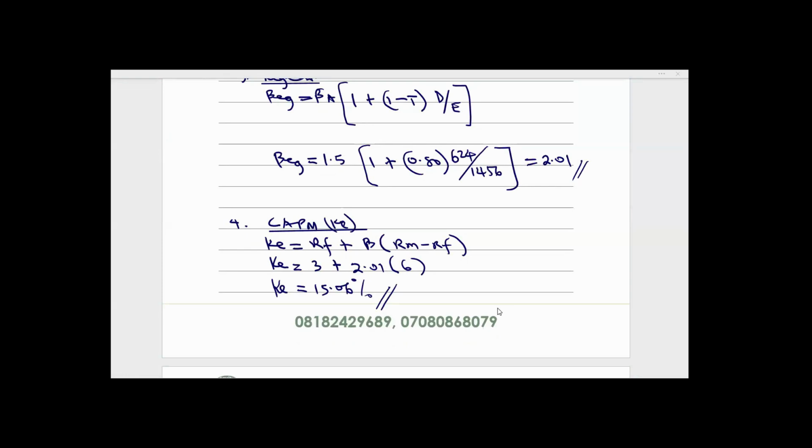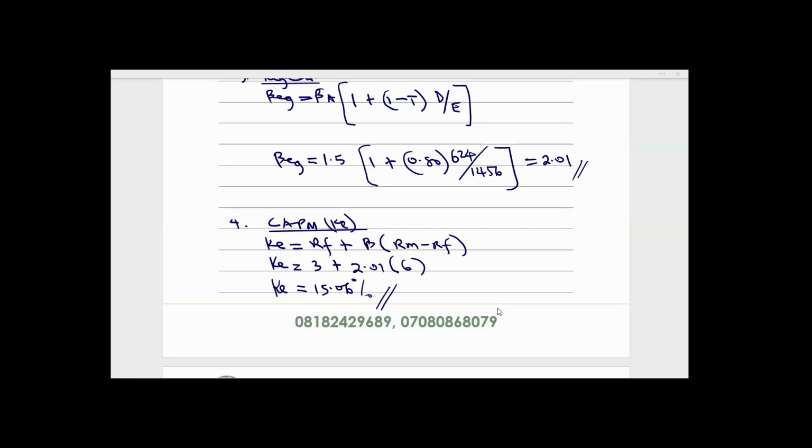Whenever you are asked to assess, evaluate, advise whether the project should be accepted, the technique the examiner is expecting you to use is NPV. Whenever you are asked to assess, evaluate, or determine financial viability, you are supposed to calculate net present value.